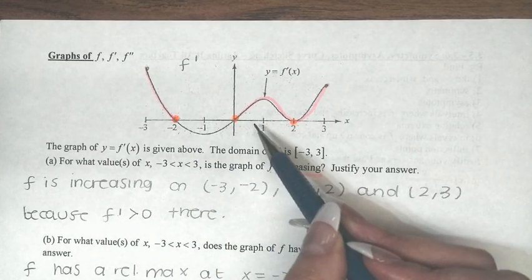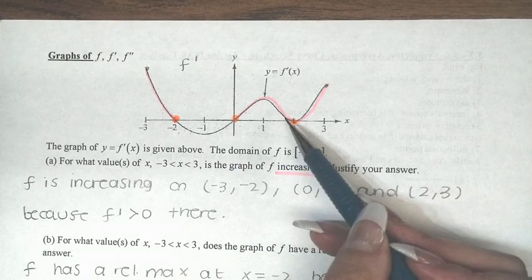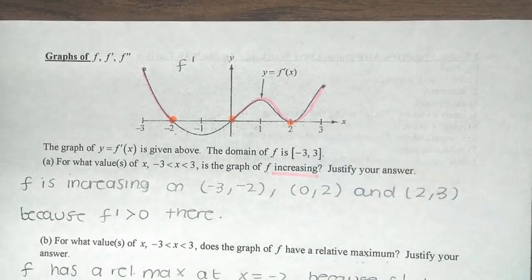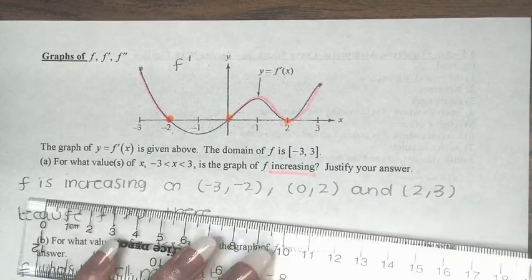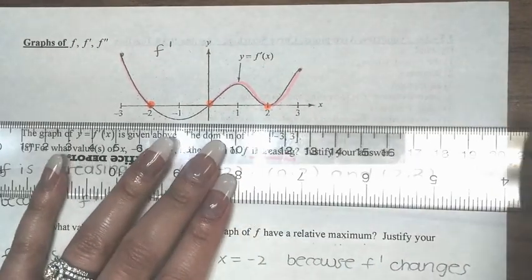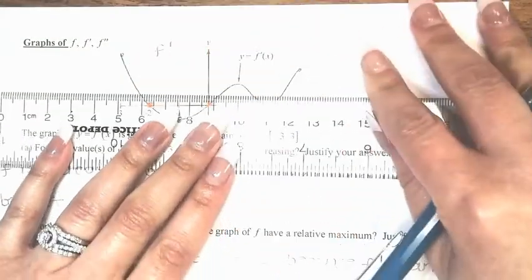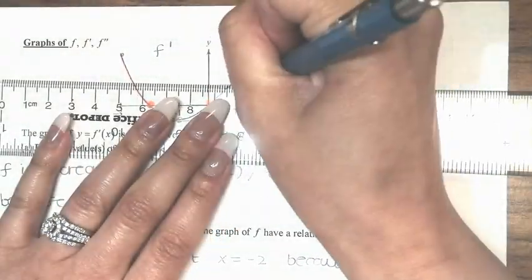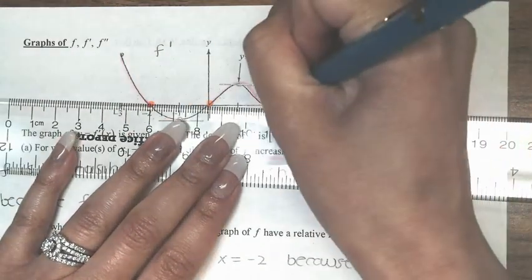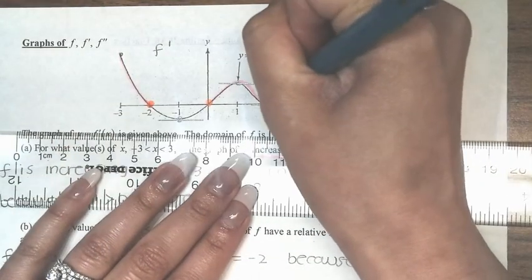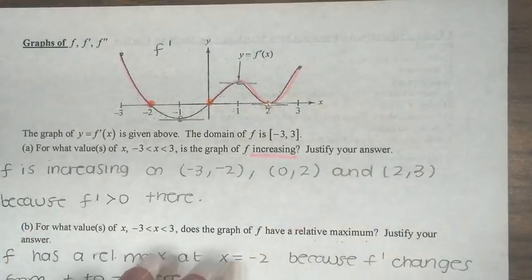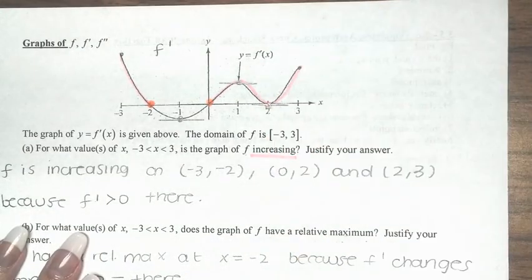So the first thing that I would do in this situation would be to find my horizontal tangent lines. So you can find that you have here one horizontal tangent line, okay? Here you have another one, and the other one is over here. So you can see that those are going to be important, okay?